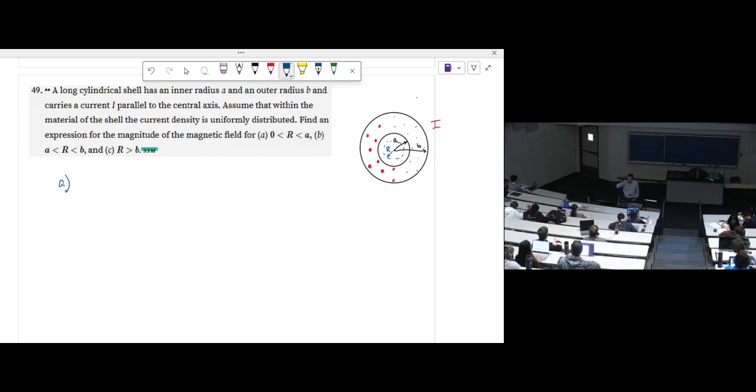I have enclosed 0 amount of the charge at this point, so there is 0 magnetic field inside of that region. Good. Just like what we found when we did closed surfaces with Gauss's law. If there was no charge enclosed, there was no electric field. If there's no current enclosed, there's no magnetic field. No net magnetic field at any given point.